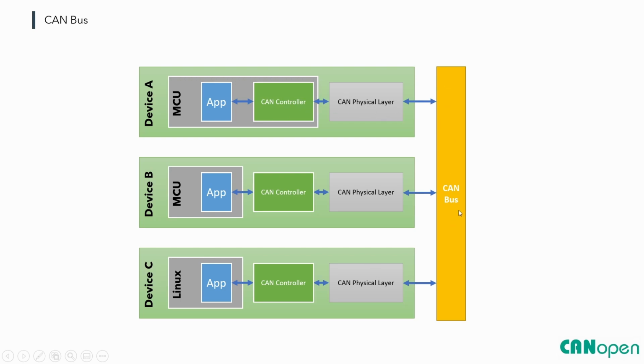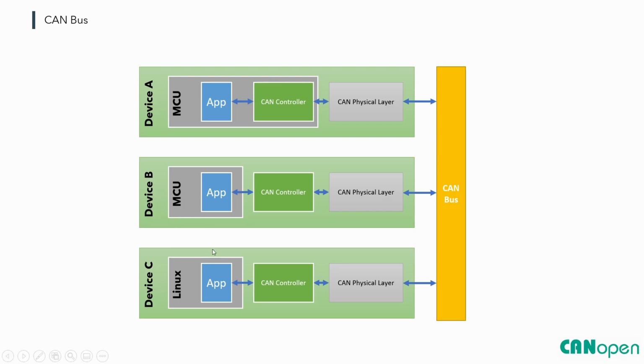But there are some microcontrollers, even in the STM32 family again, that don't have the CAN controller. So in those cases, you can just put a CAN controller on the PCB. It's an IC, and then that CAN controller will communicate over the CAN bus via a CAN physical layer. So that would be another case for CAN communication.